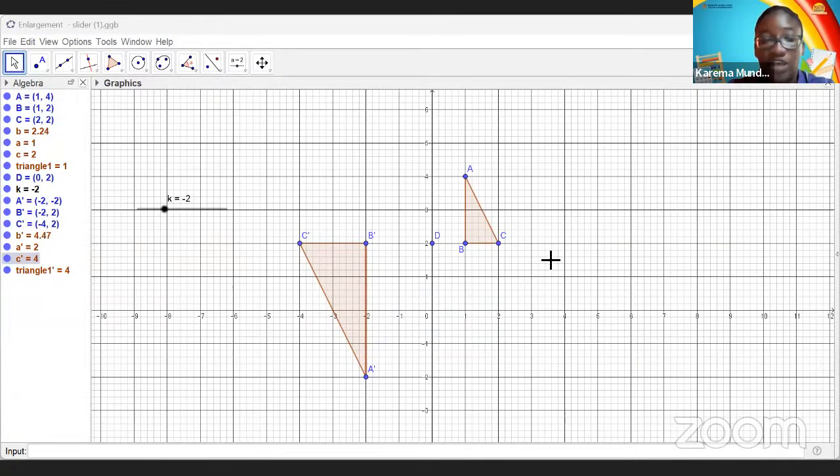What are we seeing here? Different quadrant, opposite sides.